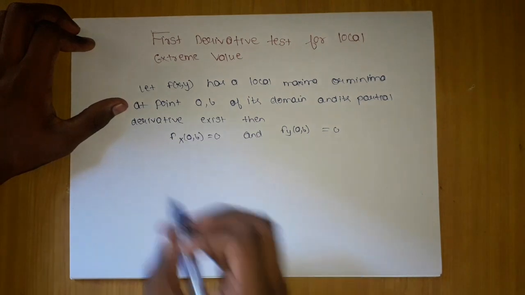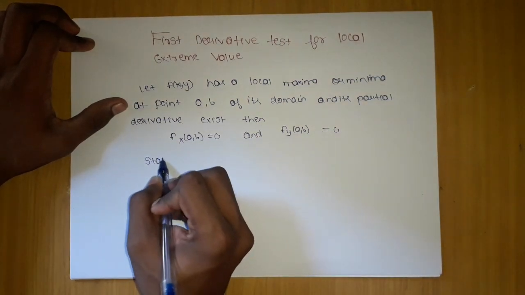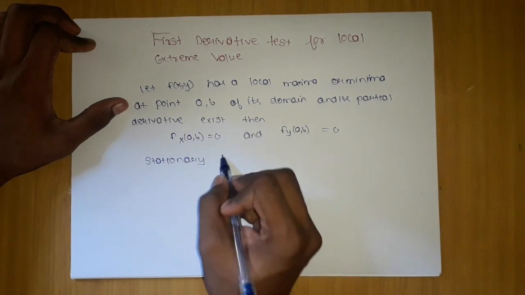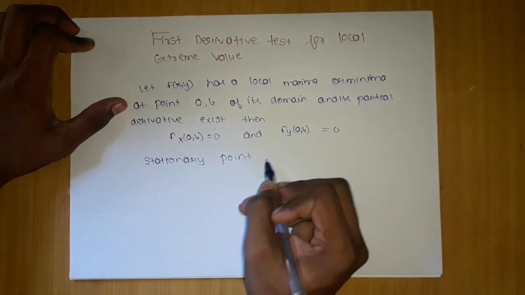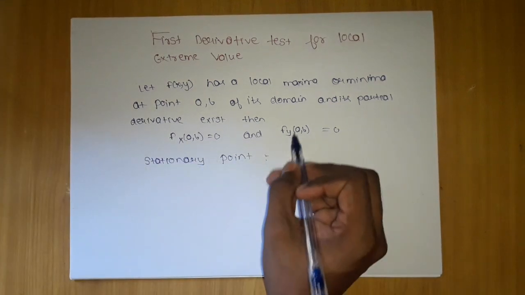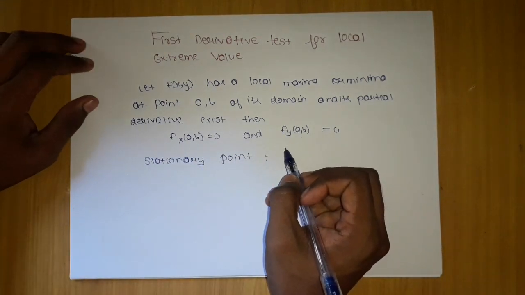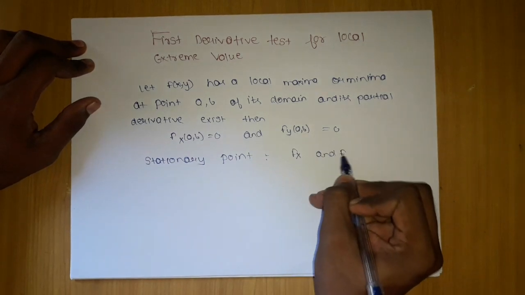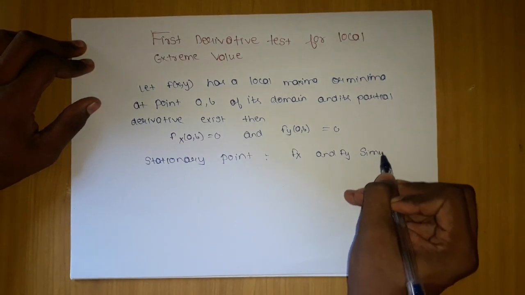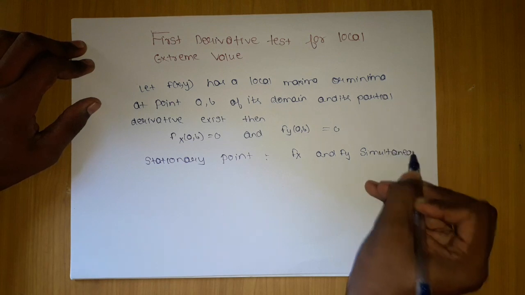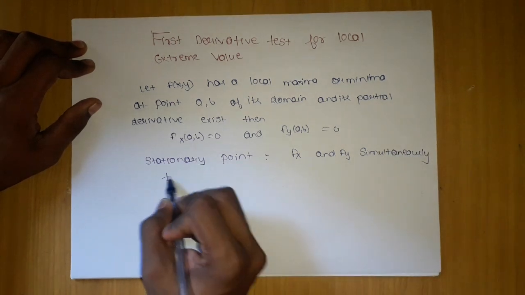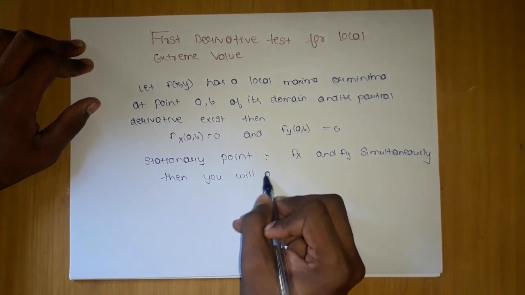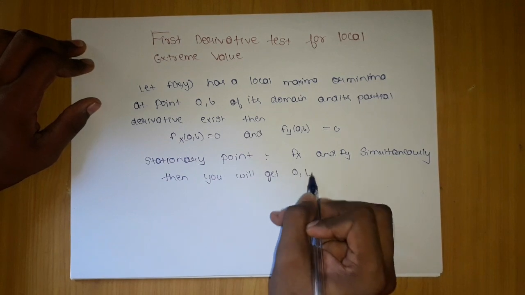Now here one more word comes: stationary points. Stationary points are nothing but when you solve f_x and f_y simultaneously, you will get (a, b).